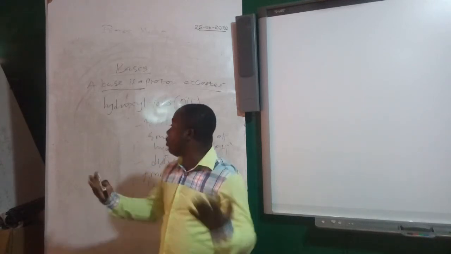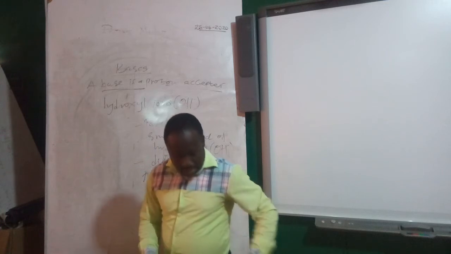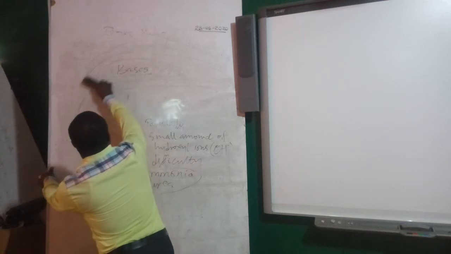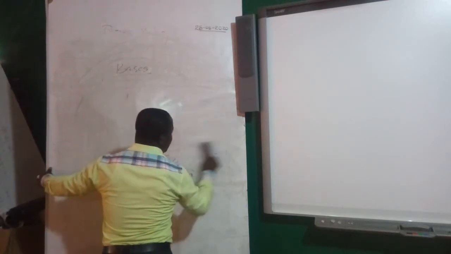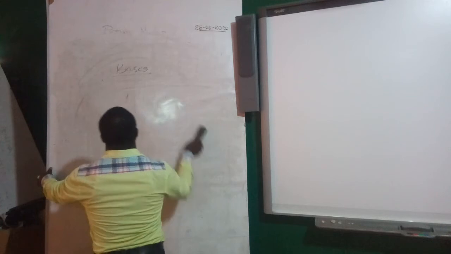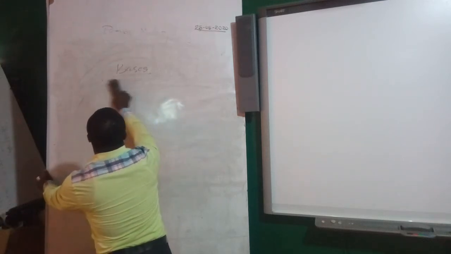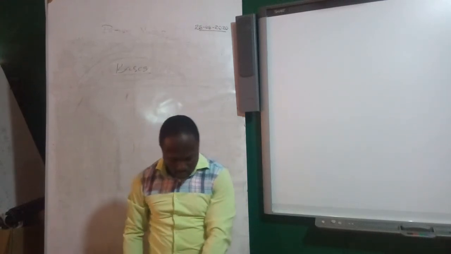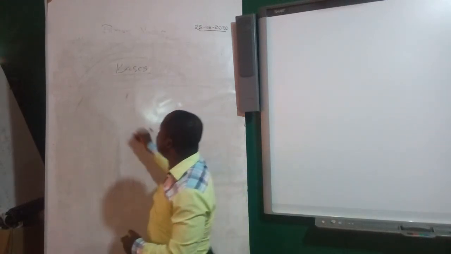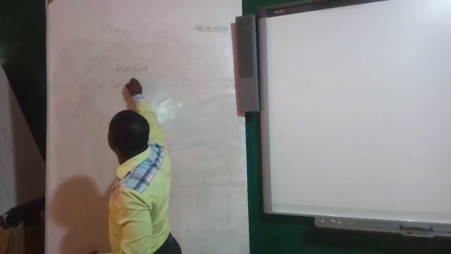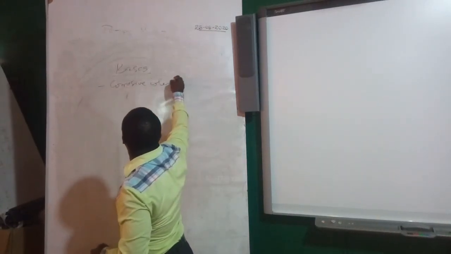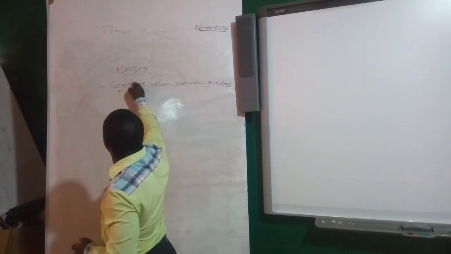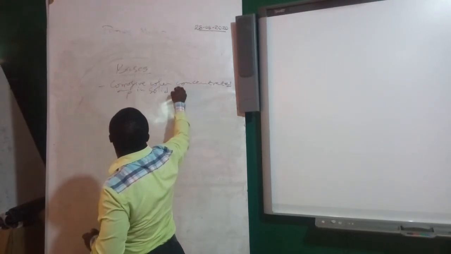Now let's also look at properties of bases. I hope you remember last time we considered the properties of acids. So today we are going to consider the properties of bases. What are the properties of bases? Number one, they are corrosive, when concentrated and in solid form.